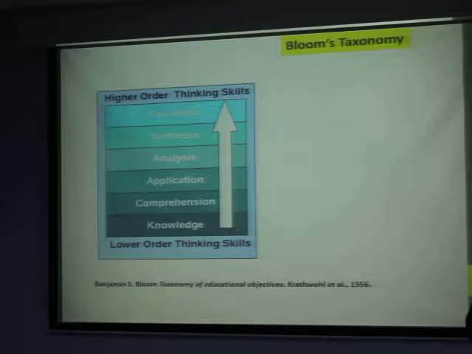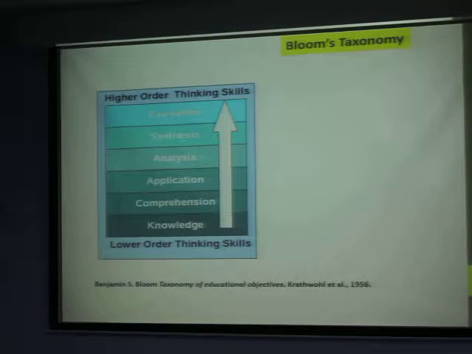Where deeply depends upon what level of course you're talking about. Thinking deeply for an introductory course is not the same thing as thinking deeply for an upper level course. But you want them to think deeply. And he starts out by saying we have knowledge, comprehension, application.